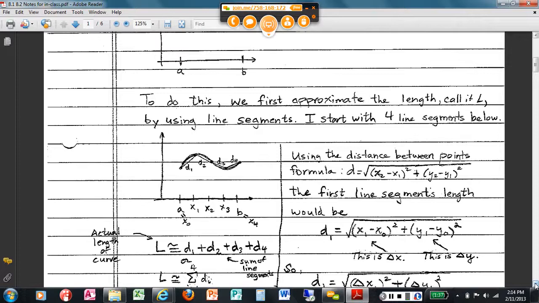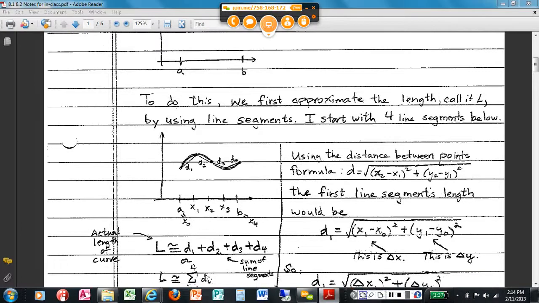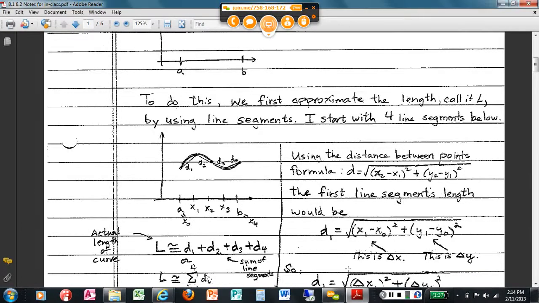We do know the distance between 2 points. So what we can do here is break these up into line segments, into subintervals, okay?